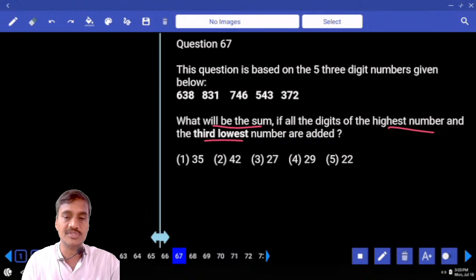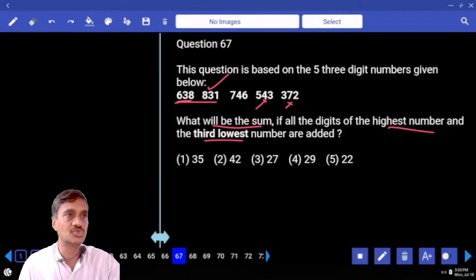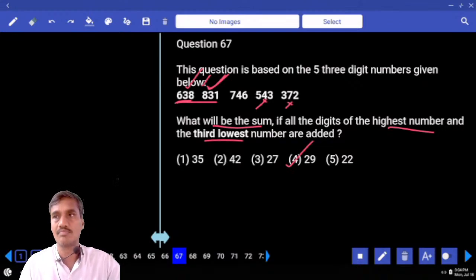What is the highest number in this one? 831. And the third lowest number: 372 is the lowest, second lowest is 543 and the third lowest is 627. Now the sum of the digits in these two numbers: 6 plus 3, 9 plus 8, 17 plus 8, 25, and 25 plus 3, 28 plus 1, 29. That is choice 4.